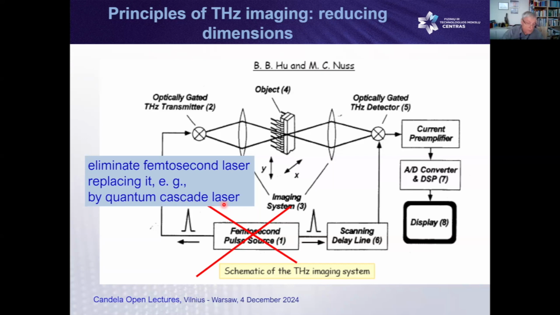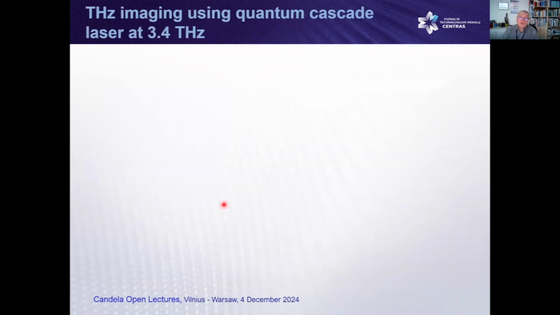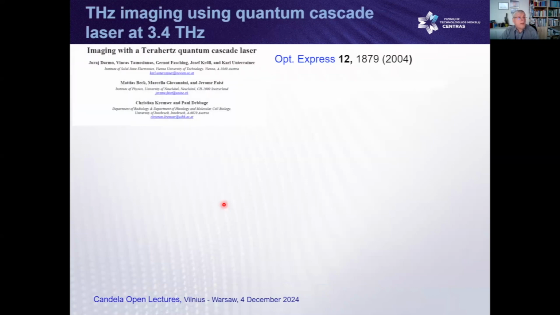So let's proceed. There was fantastic work made by the Vienna group, headed by Karl Unterreiner, and also Jerome Faist's group and medicine people from Austria. Two decades ago, they published an interesting publication. It was the first terahertz image using quantum cascade laser.